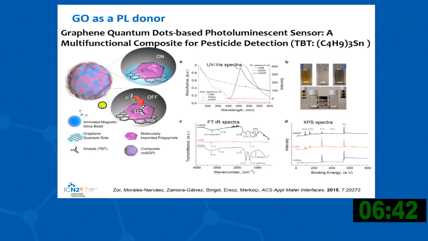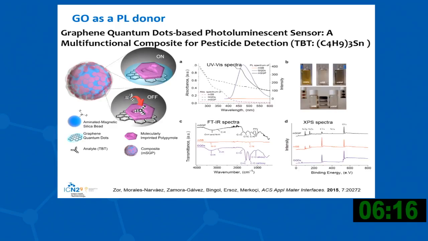What we do is we start from some aminated magnetic silica beads that are modified with graphene quantum dots, and we put on top of these magnetic beads also a layer of molecular imprinted polypyrrole that is used to detect this pesticide.